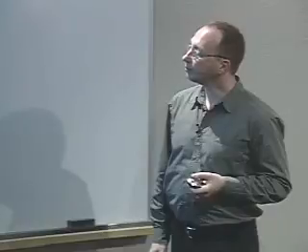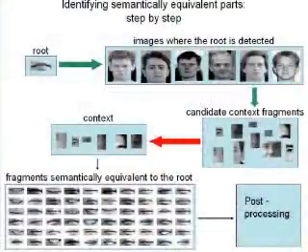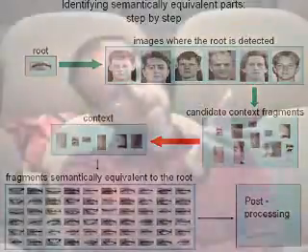Over what distribution are you evaluating these probabilities? Is this the distribution of class examples or class and non-class examples? No non-class here. There is no non-class, only class, empirical distribution. So this set, images where the root is detected, is a subset of the class examples.